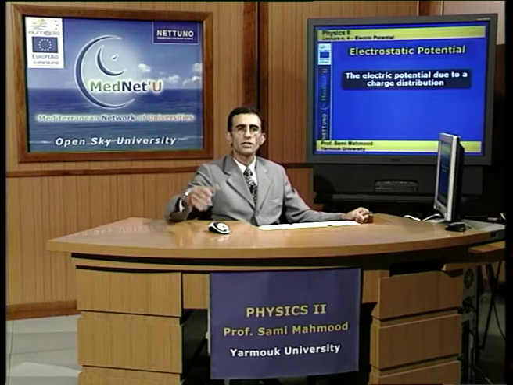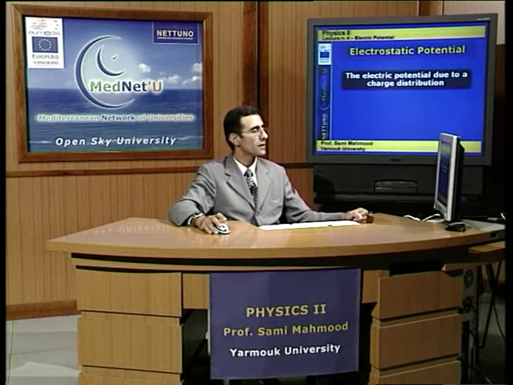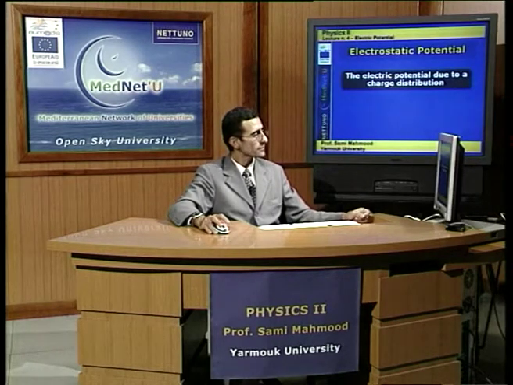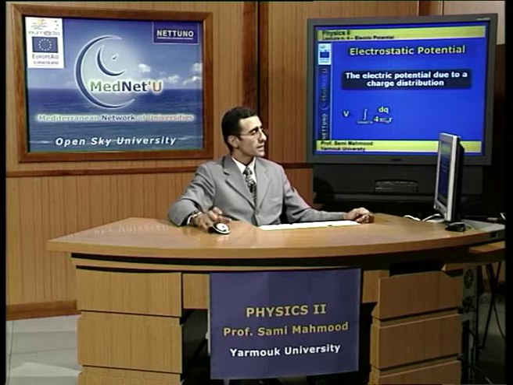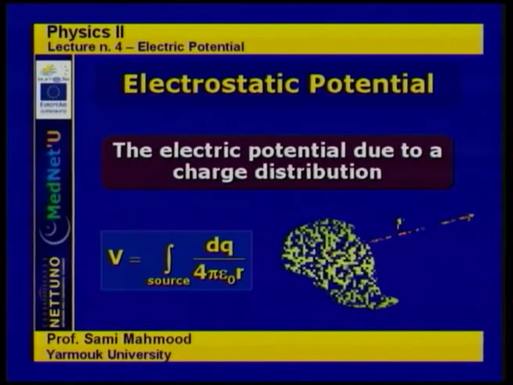And it's a simple addition because the electric potential is conveniently a scalar quantity. So dq is the element of charge, or point-like element of charge, and V is the summation of all the contributions of the point charges, dq over 4 pi epsilon naught R. And again, dq is calculated from the charge distribution.